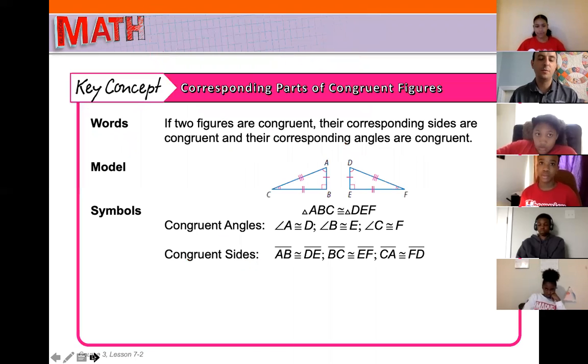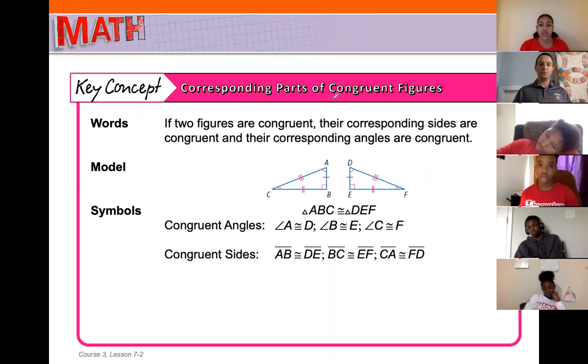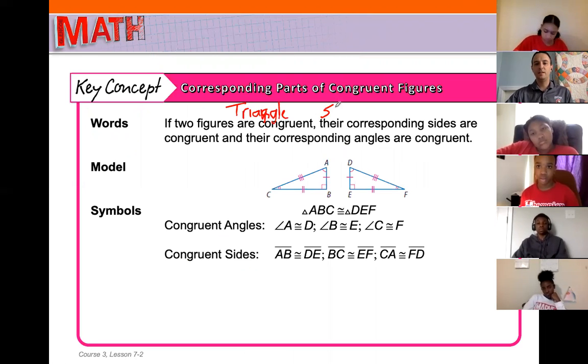All right. So now that we've got that down, what this part says, and this is also in your notes: if figures are congruent, so if we can flip them over, translate them, we can prove they're congruent, their corresponding sides are also congruent. This is the basis behind the triangle congruence theorems, like SAS, angle, side, angle.